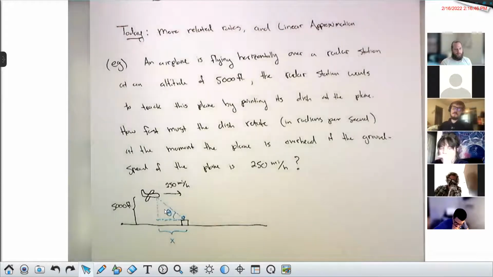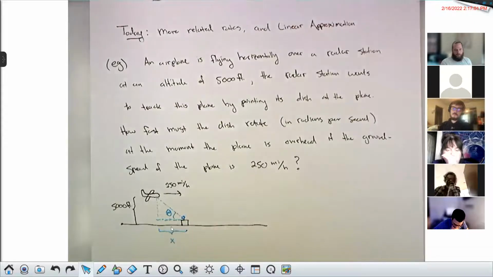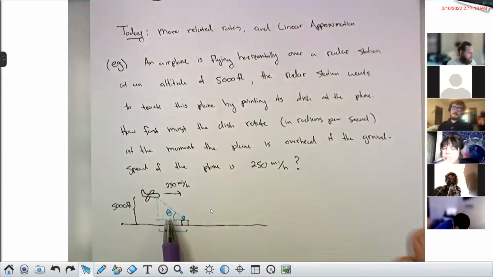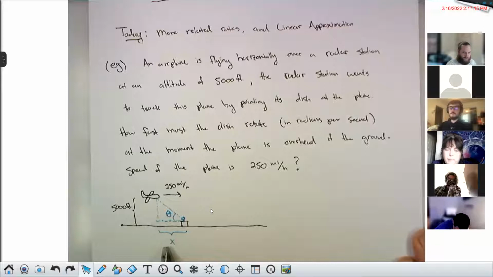What I need is some means of connecting the angle theta to this distance x. And I would very much like it to not be more complicated than is necessary. I would like the x, if possible, to be upstairs, and I would like to not have to solve for this hypotenuse. So we know that the tangent of theta is the opposite over the adjacent.